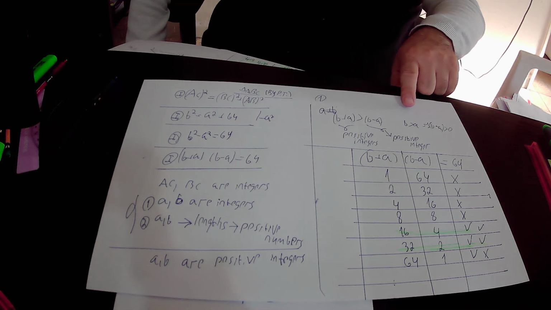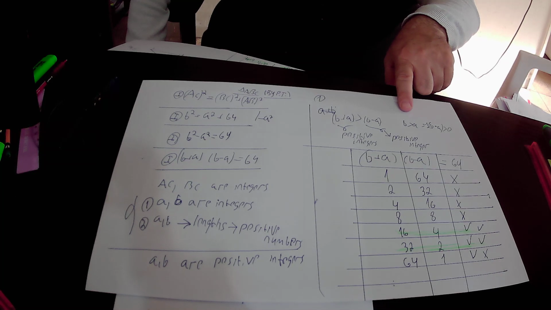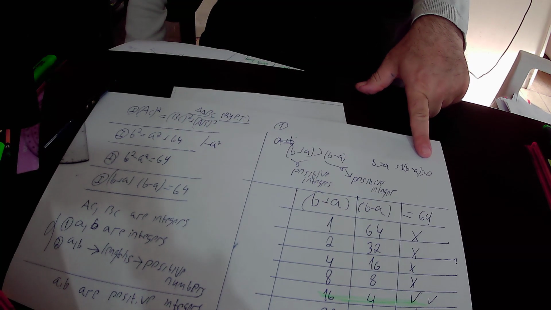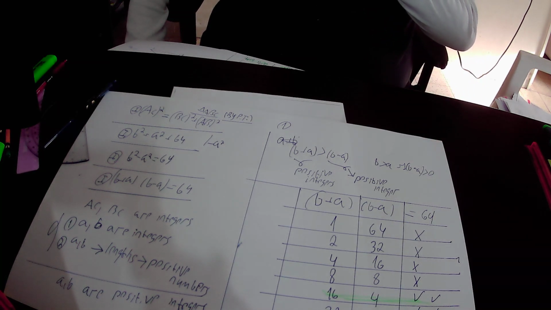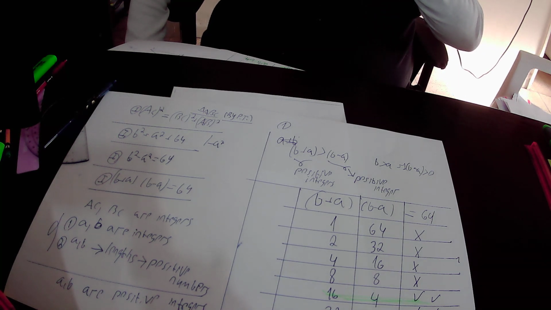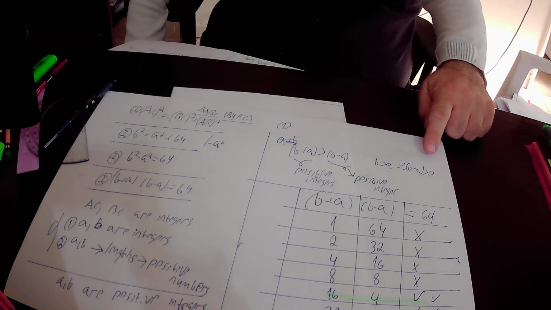So B is greater than A, and if we subtract A from this inequality, we get that B minus A is greater than 0. That is to say, B minus A is a positive integer. Why? Because we know that B minus A is positive, and B and A are integers.